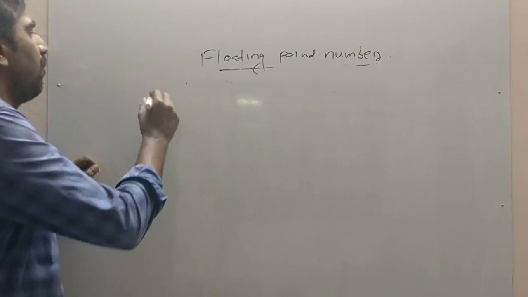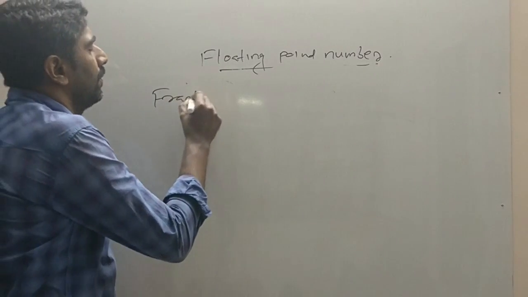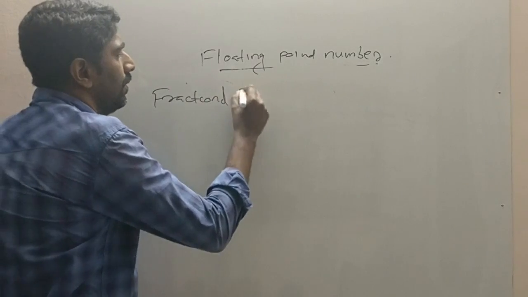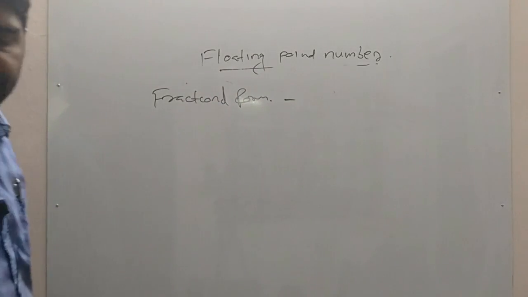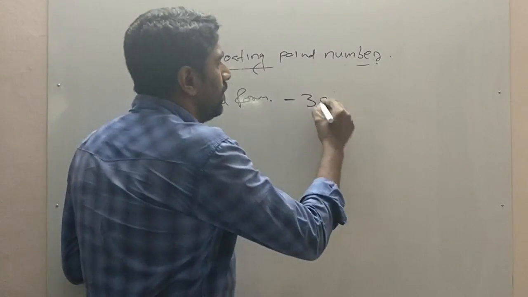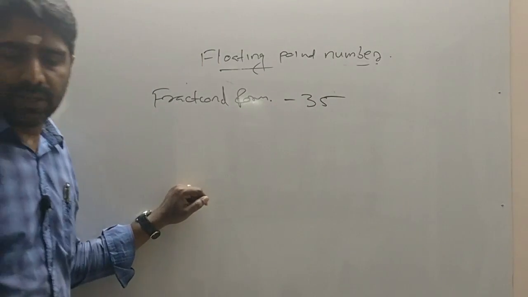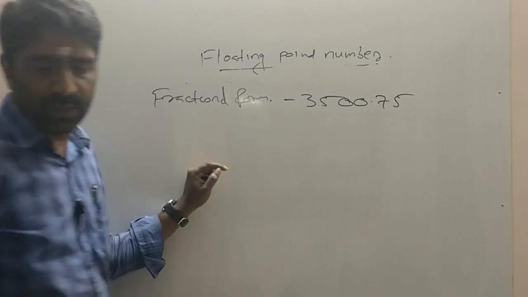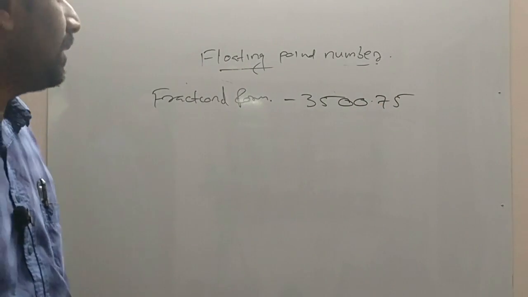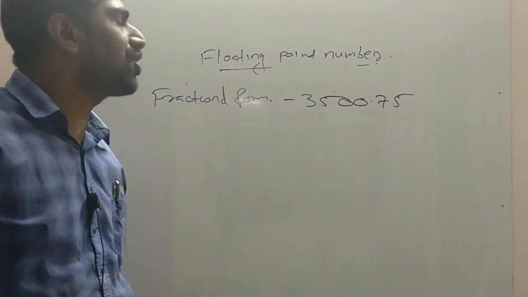In fractional form, for example, 3500.75 is an example of a fractional form.